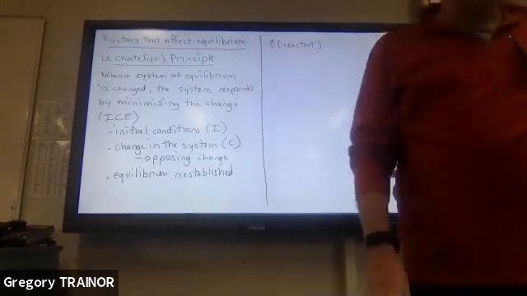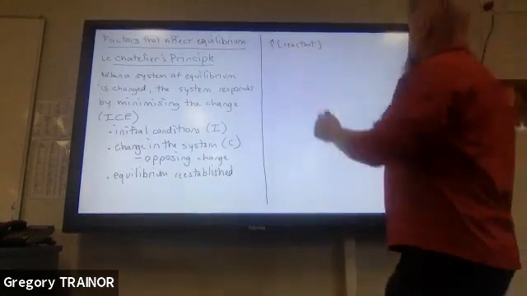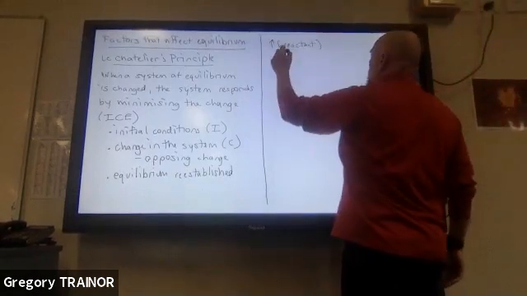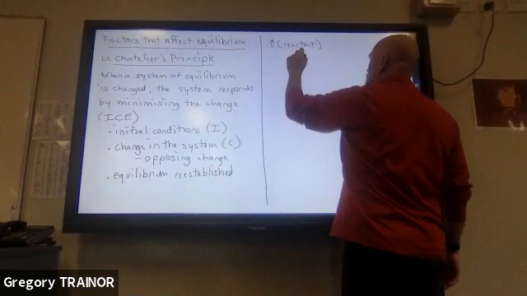So if we increase the concentration of a reactant, what's the opposing change?